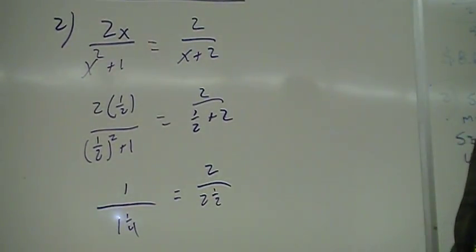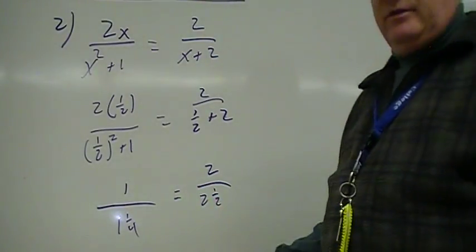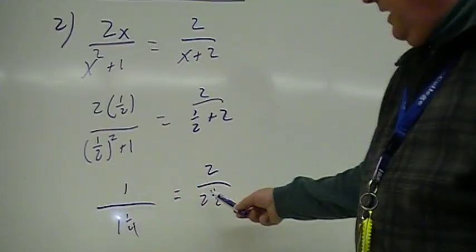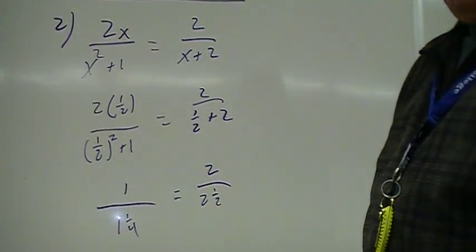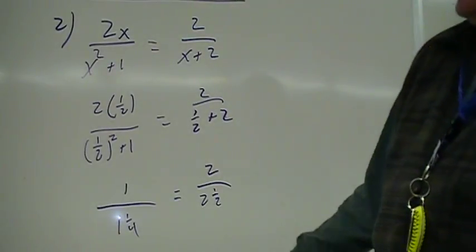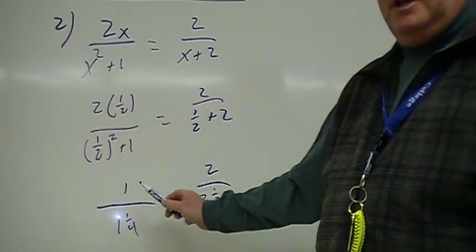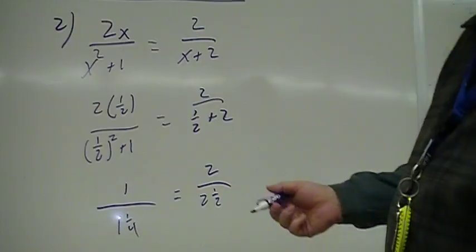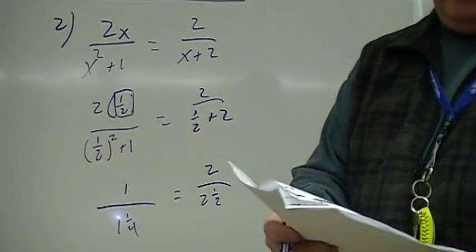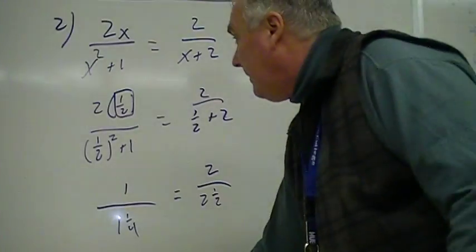A couple ways you could then go. Do you recognize, are these equivalent fractions? What's 1 times 2.5? 2.5. What's 2 times 1 1/4? 2.5. So this equals this. And right away, folks, we happen to be fortunate that this is the right answer, 1/2. So C, 1/2, is the right answer for that.